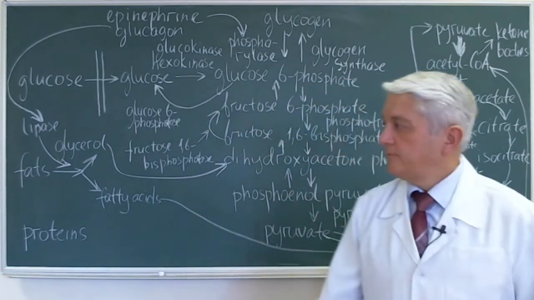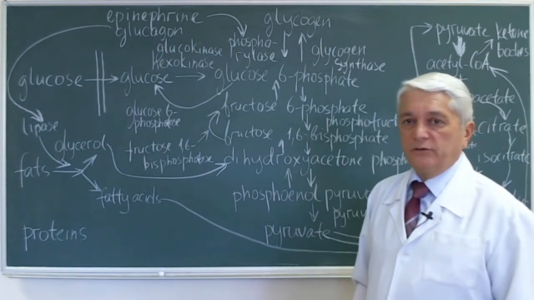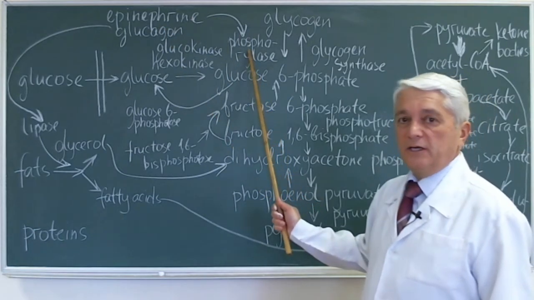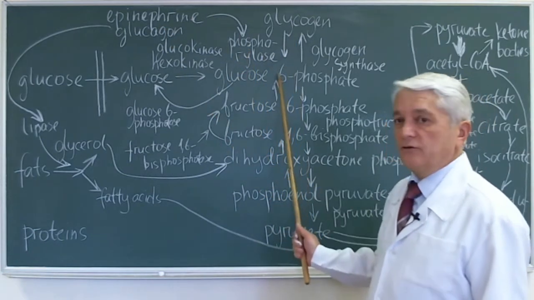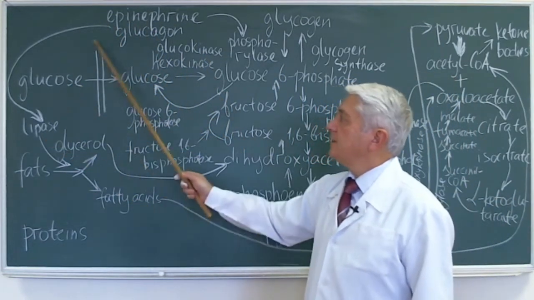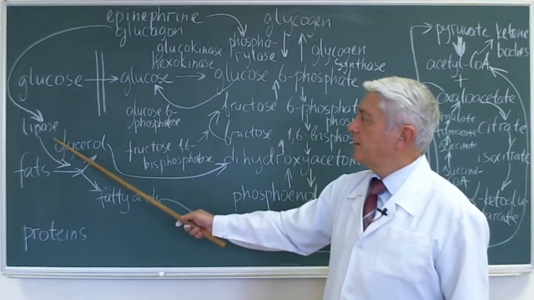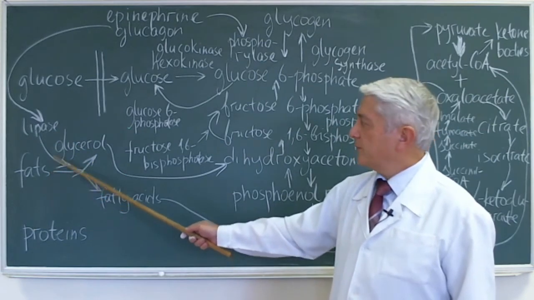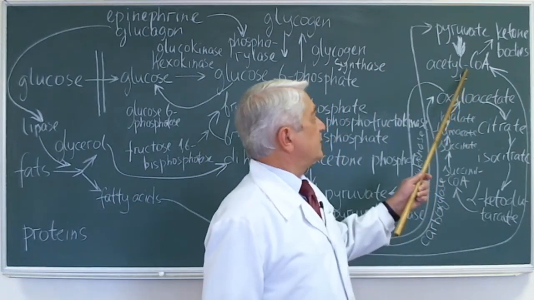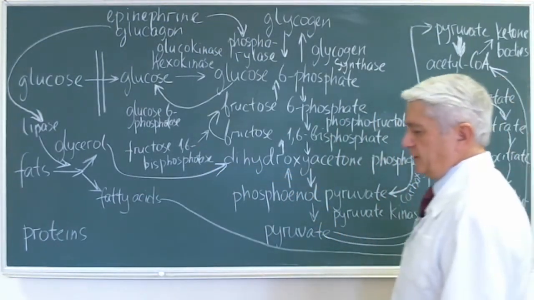So look, these two hormones, epinephrine and glucagon, as I told you, we are producing when we need energy, and first they activate phosphorylase and degradation of glycogen for receiving of energy, and second they activate lipase, and we have activation of degradation of fats, and so also we are receiving energy via acetyl coenzyme A, and dihydroxyacetone phosphate.